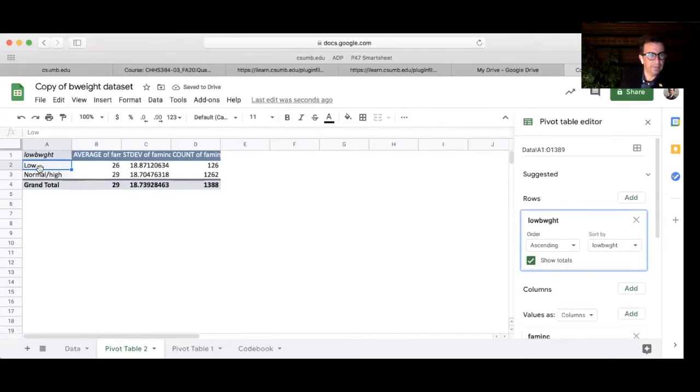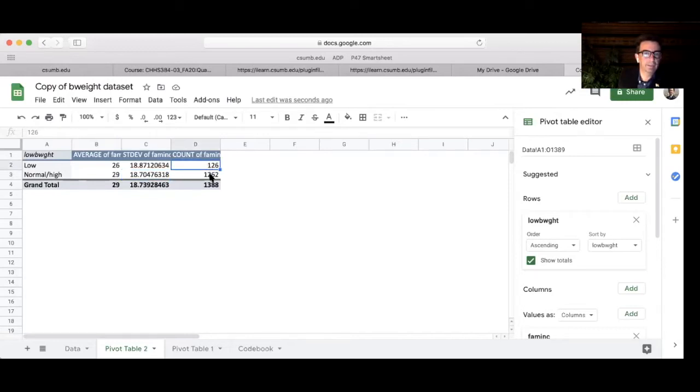And now we can see here that the average family income for those born at low birth weight is 26, right? And those that are born with normal or high is 29, not 29,000, right? So there is a difference there of 3,000 in this sample. And the standard deviation is pretty similar in both groups, right?